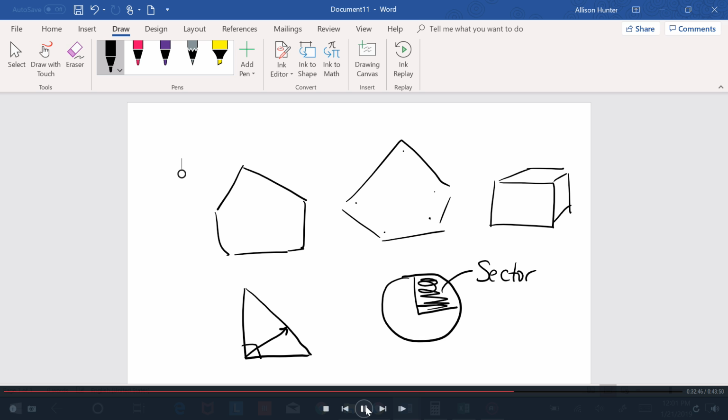Think about what it means to be lateral. You can look in your dictionary at the back if you're trying to think of what lateral means, and you'll find it's not in your glossary.